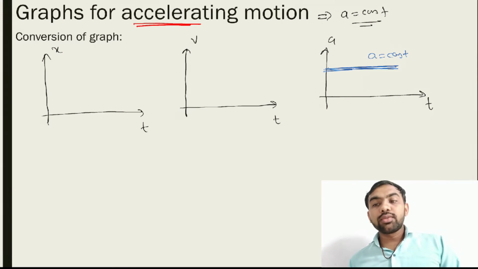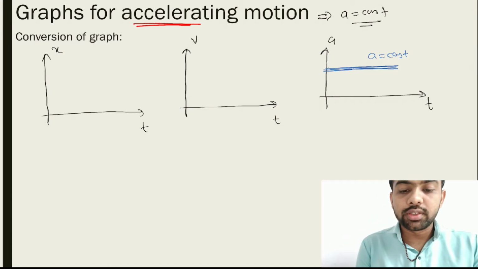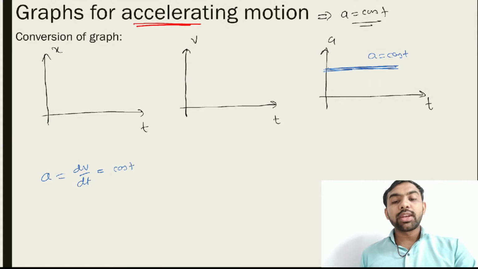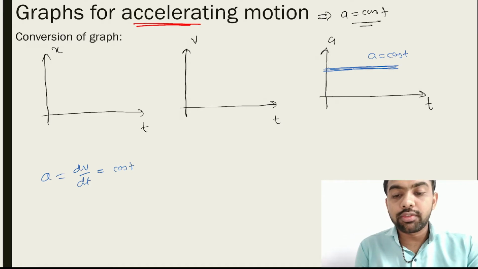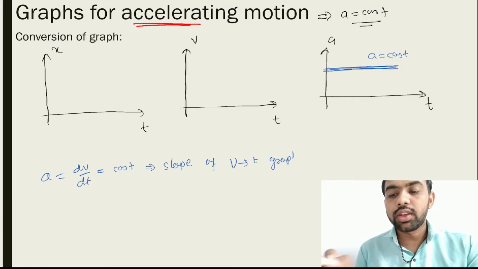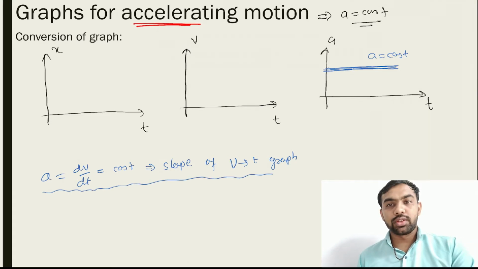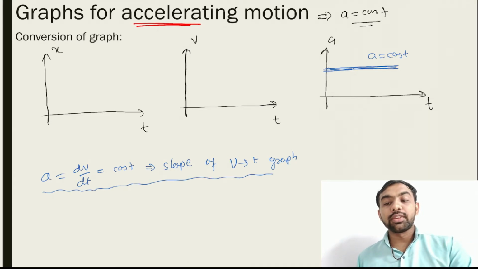What is the meaning of this? A is equal to dv by dt is equal to constant. What is dv by dt? That is the slope of the v versus t graph. Which parameter is constant? The slope of the vt graph is constant.